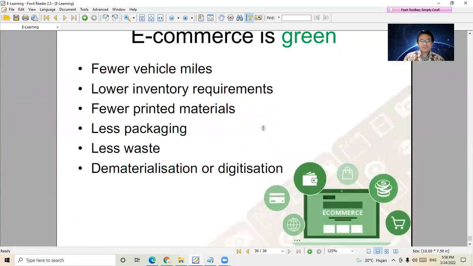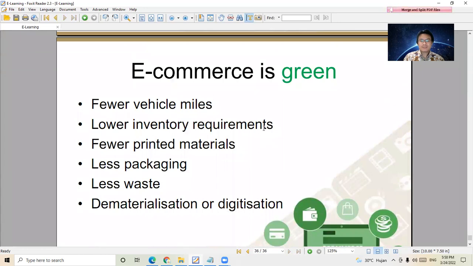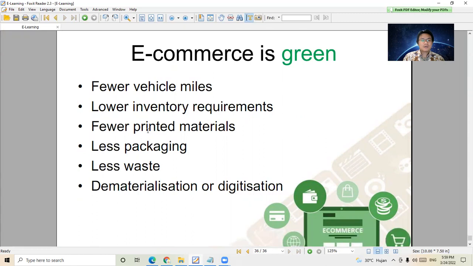And the last one is the environmental issues. We are quite lucky that nowadays people use e-commerce quite a lot. That could reduce the environmental issues. For example, the use of paper can be reduced, because in order to make paper, they cut the trees.